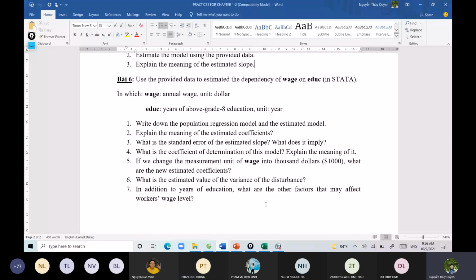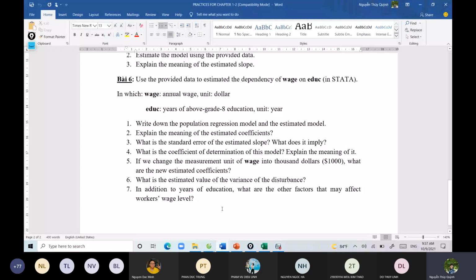So here, in addition to years of education, we can see that there are many other factors that affect the value of the wage, right? And those factors you can find based on previous studies, not using the data I provided you. So based on previous studies, you can see that there are plenty of other factors that affect the value of the dependent variable wage.